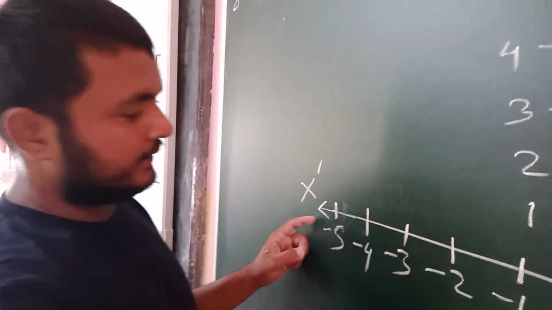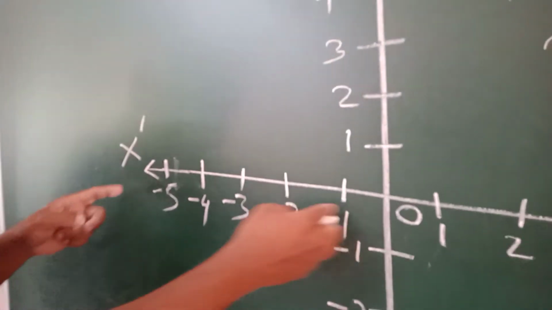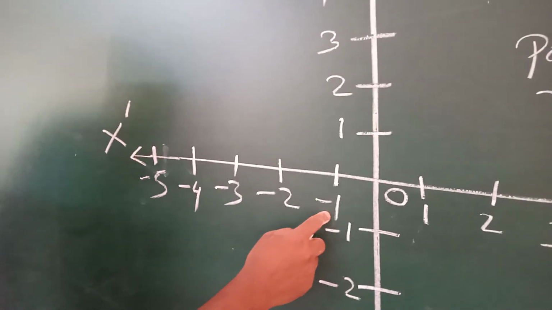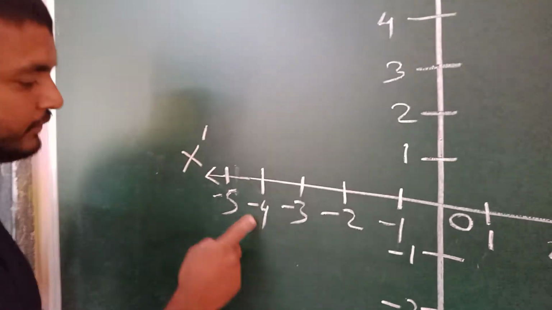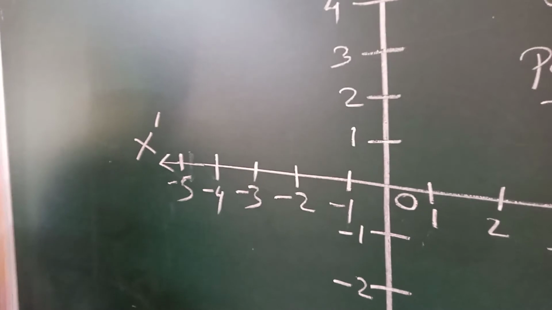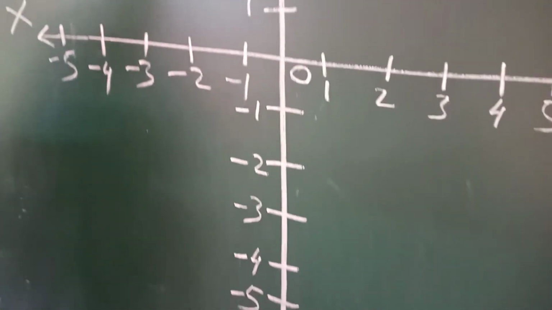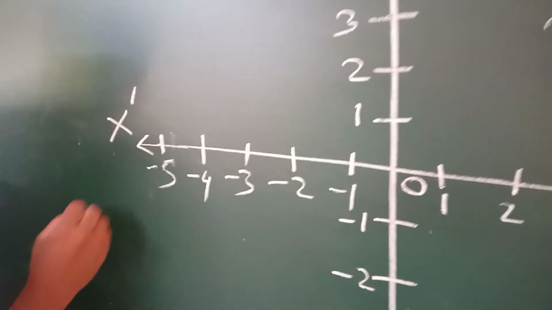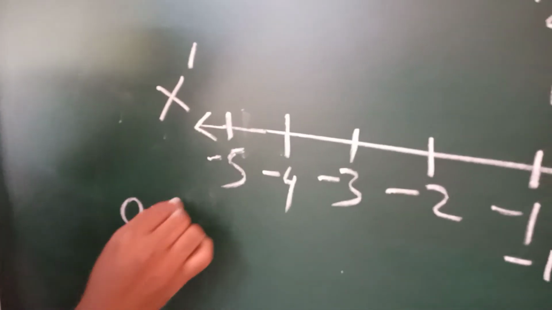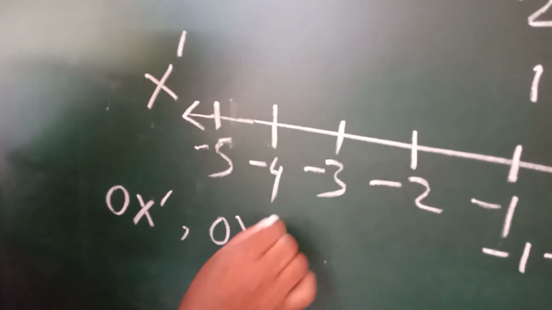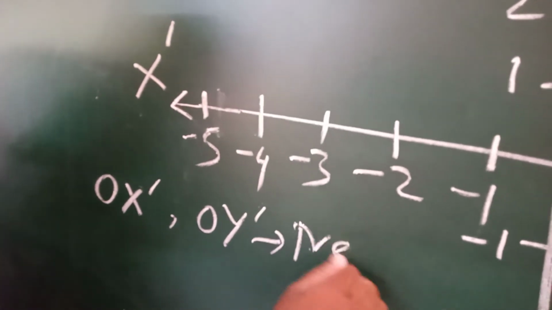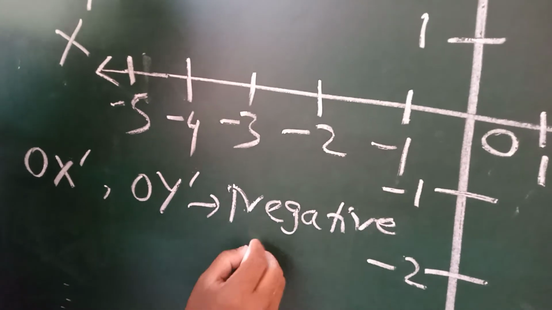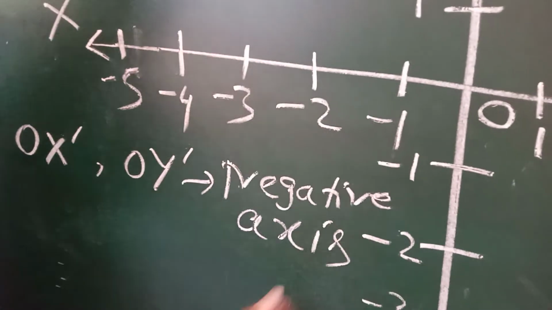Now here you see that on this side all the values along the x-axis are negative, -1, -2, -3, -4, -5, all are negative. Here also along the y-axis all the values are negative. So OX dash and OY dash are called negative axes.